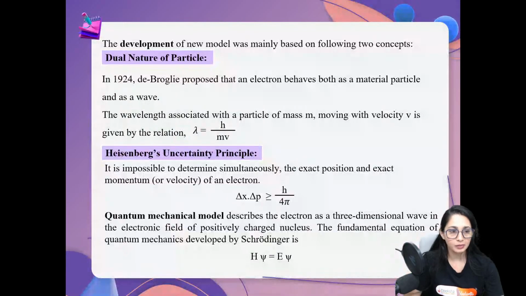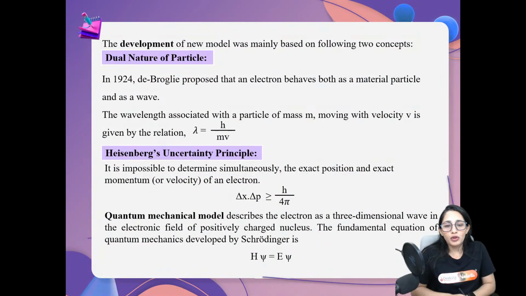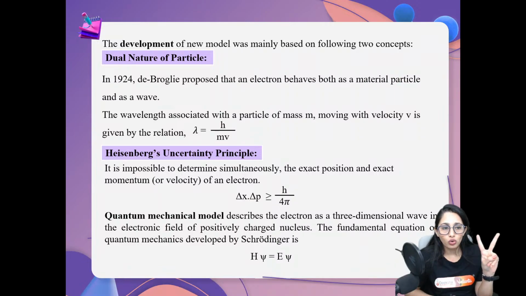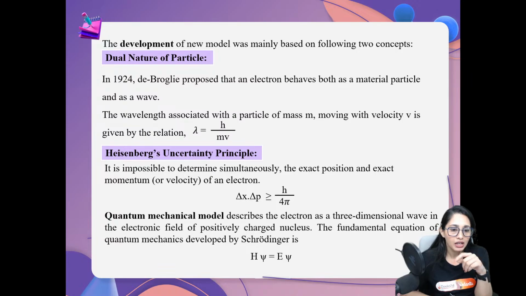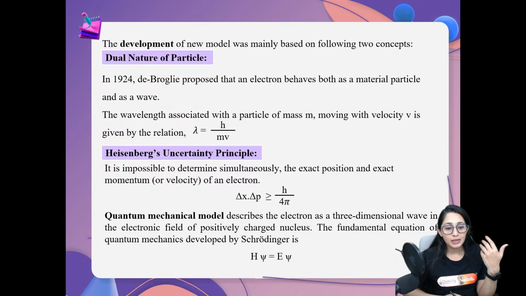Next, let's summarize whatever we have discussed until now. The development of the new model was mainly based on the following two concepts: dual nature of particle, and Heisenberg uncertainty principle. So lambda is equal to h by mv, and Heisenberg uncertainty principle says that it is impossible to determine position and exact momentum or velocity of an electron simultaneously.